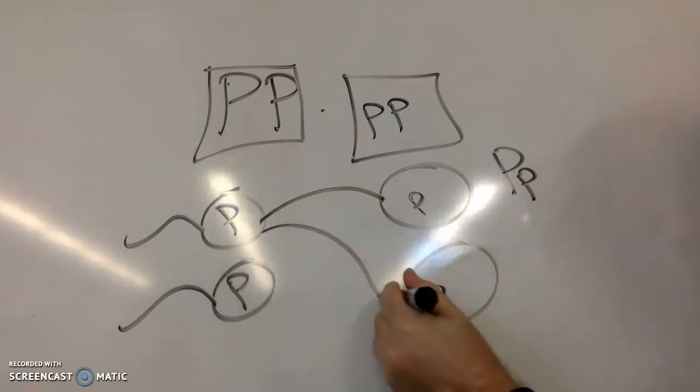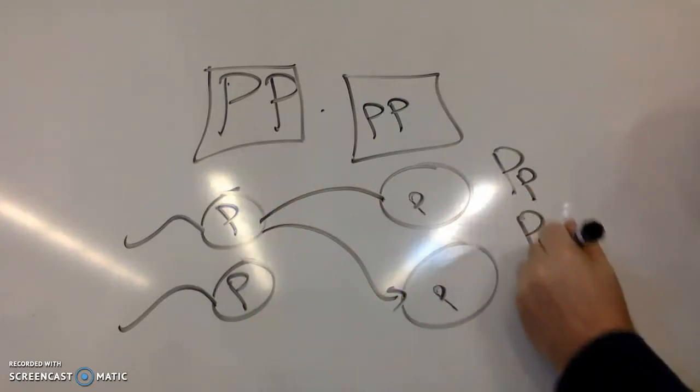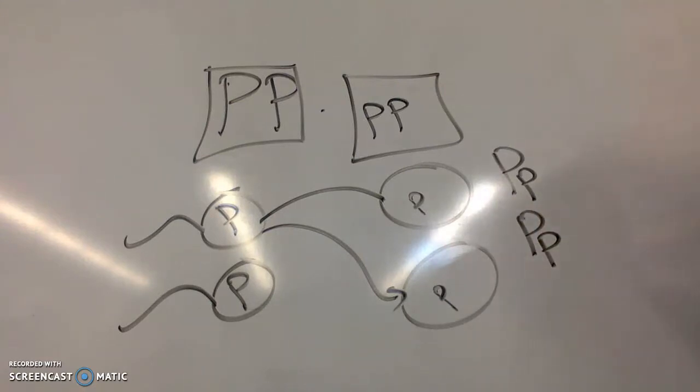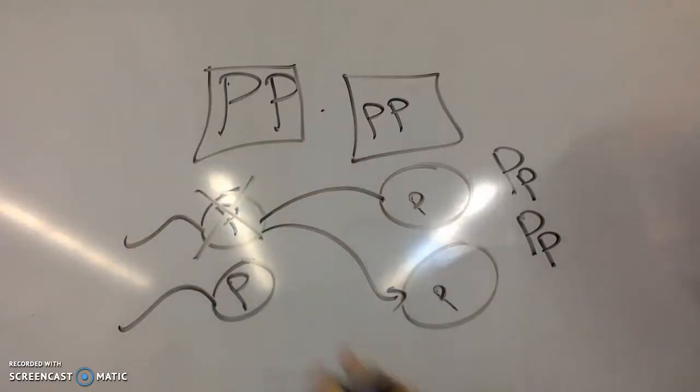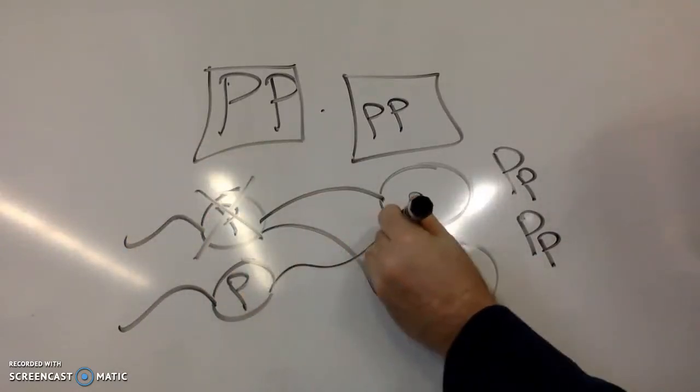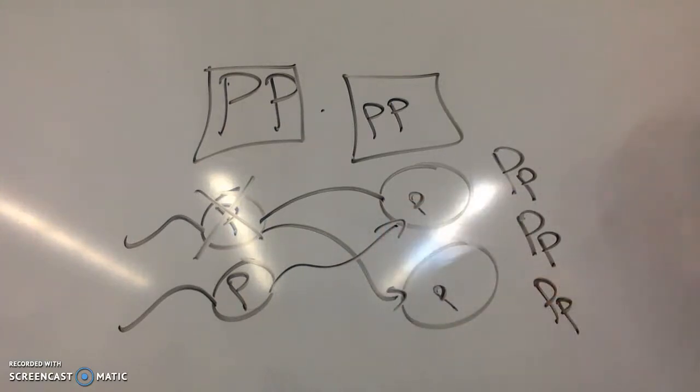Maybe this sperm cell fertilizes this egg cell, and if that happens, you would get one dominant allele, one recessive allele. Again, that would be a purple pea plant. Well, maybe this sperm cell doesn't make it at all. Maybe it's this one that makes it. If this sperm cell fertilizes this egg cell, look what we get. One dominant, one recessive allele. Again, this would be a purple plant.